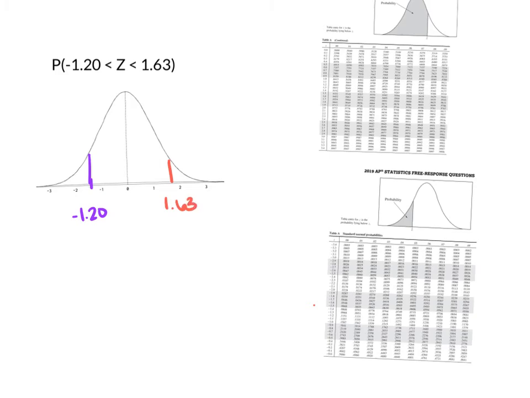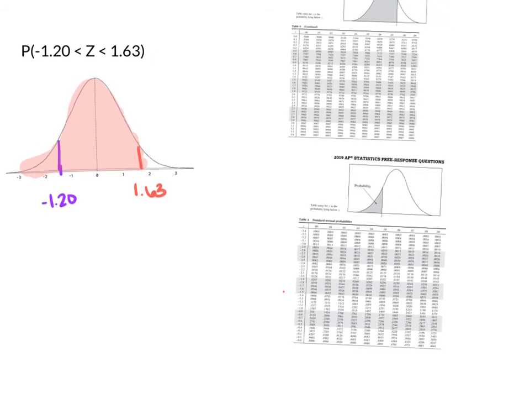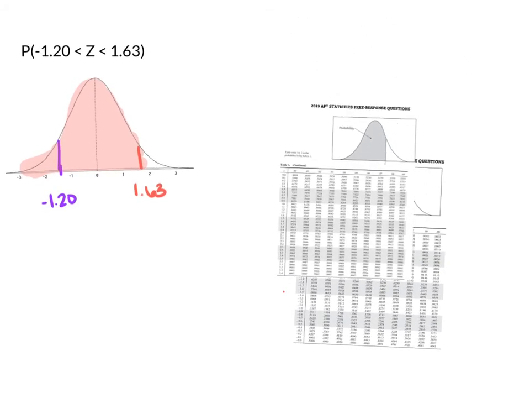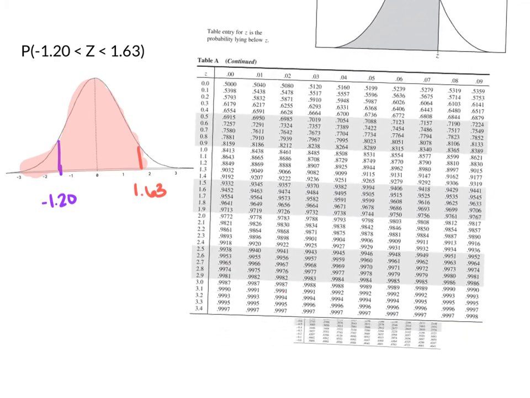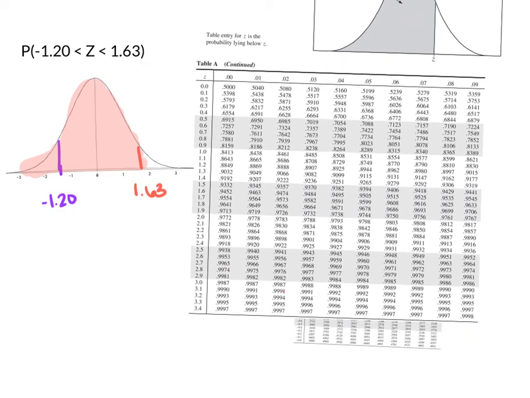The way this works is you always find the area of the larger z-score first. So I'm going to find the area of 1.63, shading all this area to the left. I go to my positive table first, and look at 1.6 and then 0.3.